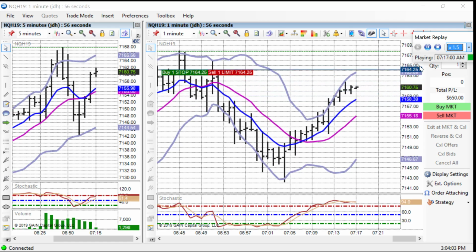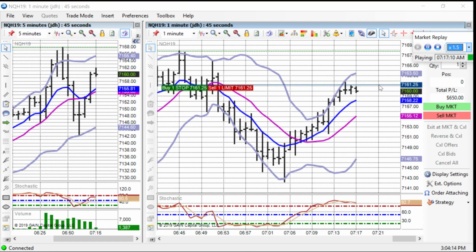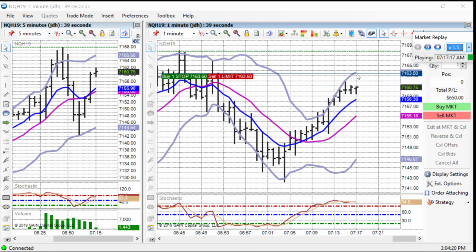That might not give me a chance to get back in there. If that comes and breaks above that resistance here, that might be a good bet to go long, because we've got at least 2 points in an upsloping channel.